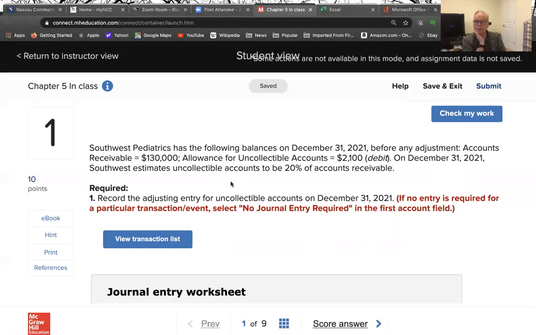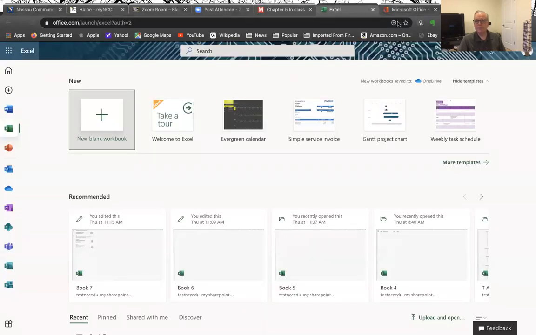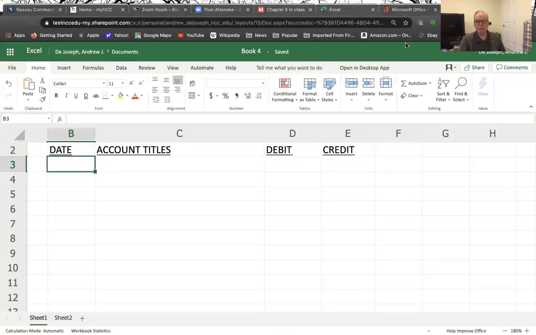The allowance for uncollectible accounts has a debit balance of 2,100. And then on December 31st, 2021, Southwest estimates uncollectible accounts to be 20% of accounts receivable. All right, so let's see if we can make a little worksheet for this.